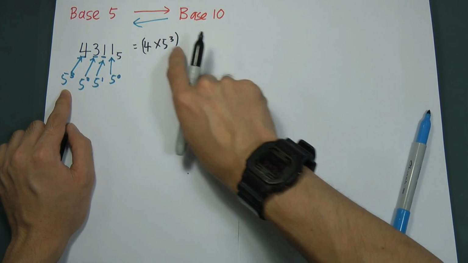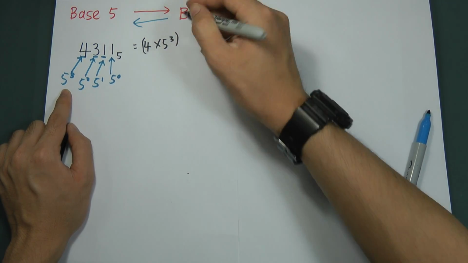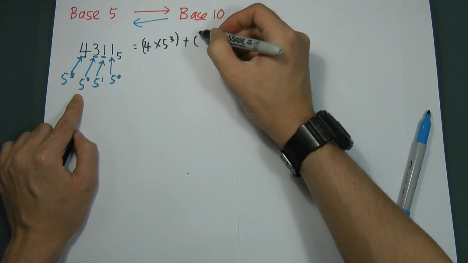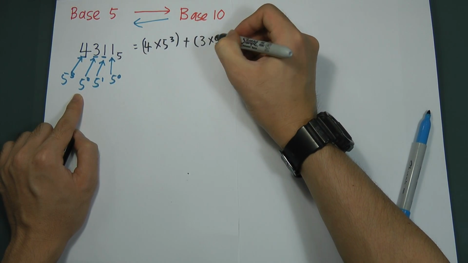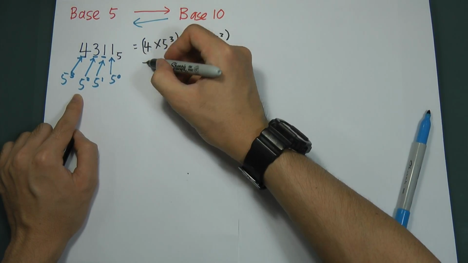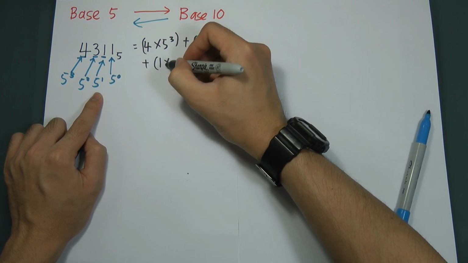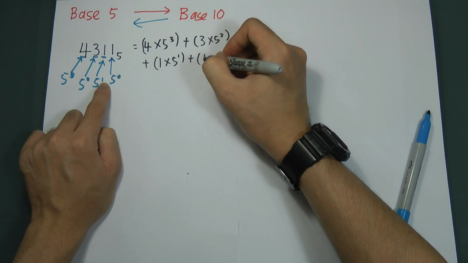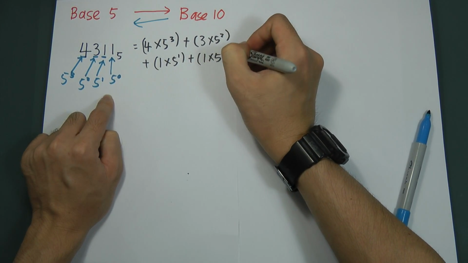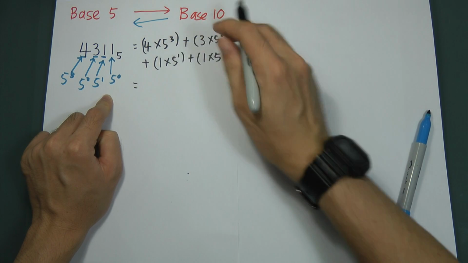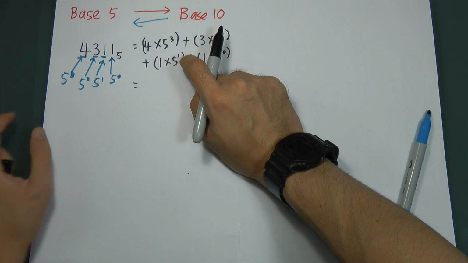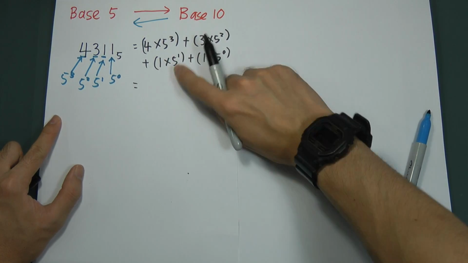So it is 4 multiplied by 5 power of 3, plus 3 multiplied by 5 power of 2, plus 1 multiplied by 5 power of 1, and then we add the last one, 1 multiplied by 5 power of 0. When you add all the values, you get the value in base 10.